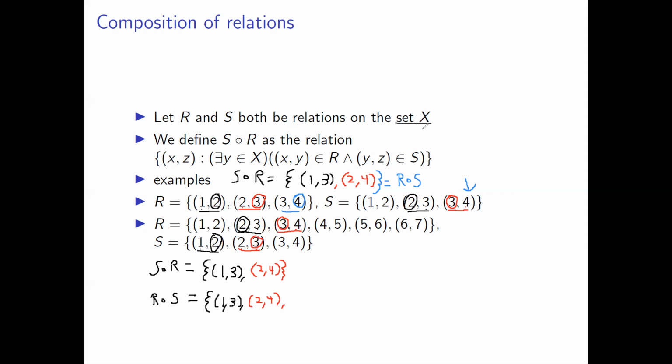And then, let's see, on to the next one, 3, 4. We'll take its second term, the 4. We need to look for something in R that begins with 4. Only this one. And that ends with 5. So we take the 3 and the 5 together.